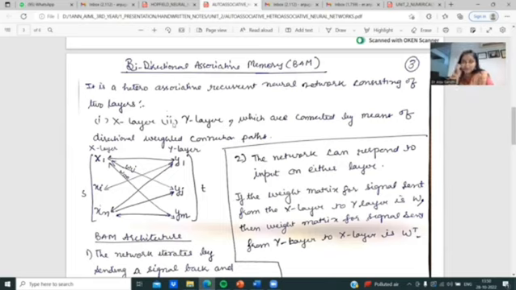It has an X layer and a Y layer, connected by directional weighted connection paths. So we have X1, Xi, Xn, and Y1, Yj, Ym. This is the set of sources and this is the set of targets. It is known as the X layer and the Y layer.